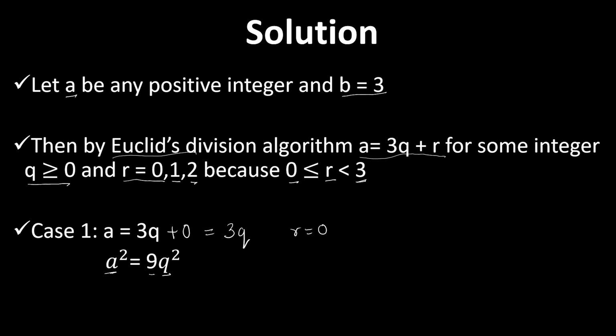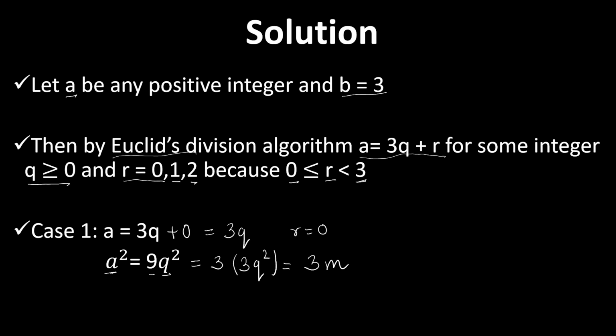Now from this we can take 3 common and write it down as 3 times 3q square, which can also be written as 3 times m, where m is some integer.